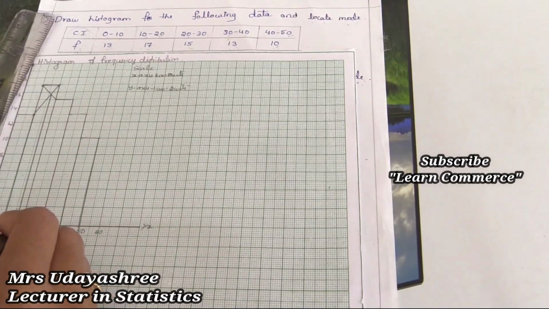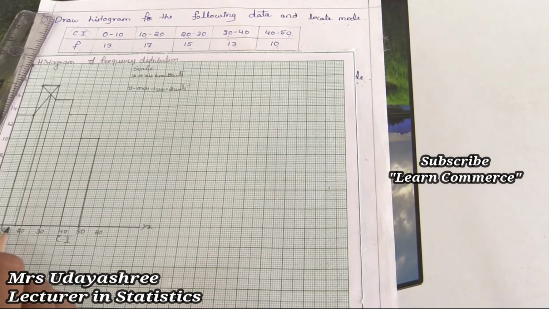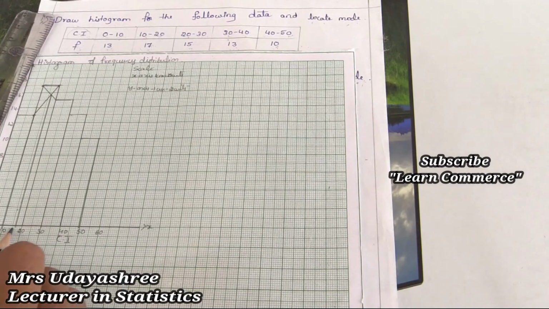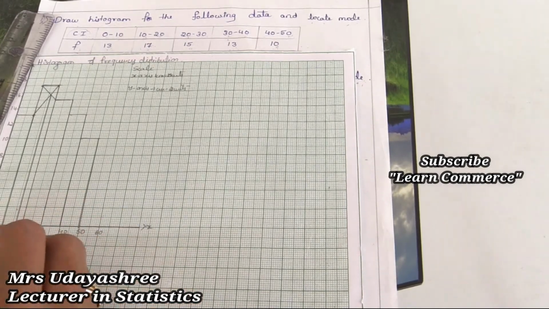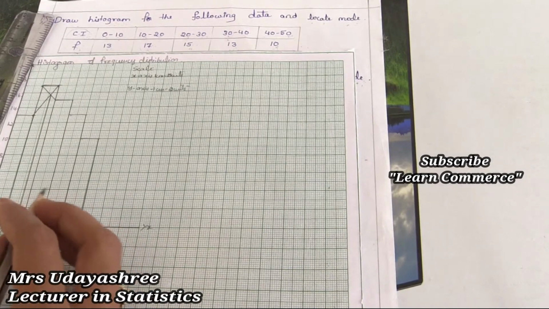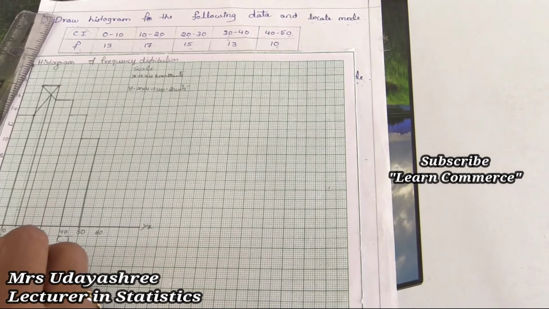And this point will give the mode. See, this value is 10 and this value is 20. So this line is 11, so this is 10, 11, 12, 13, 14, 15, 16. So here mode is 16, and mode is denoted by Z. So Z is equal to 16.